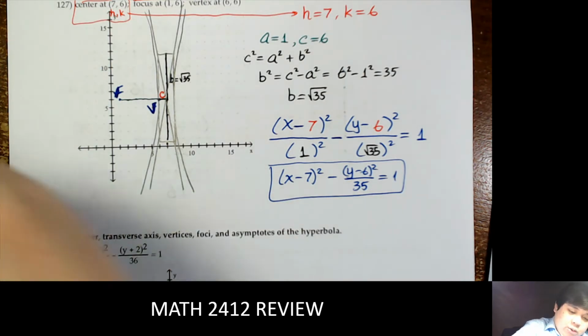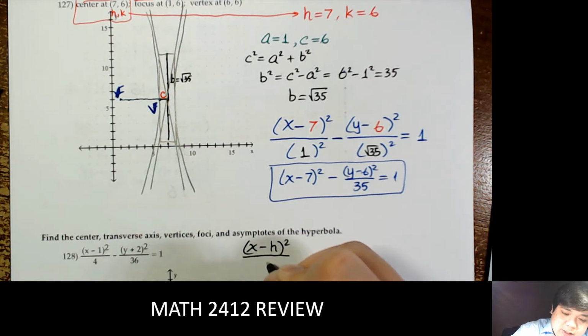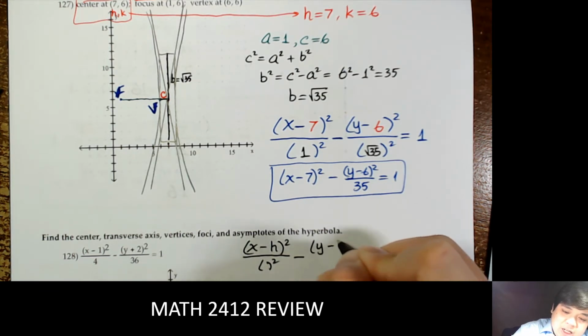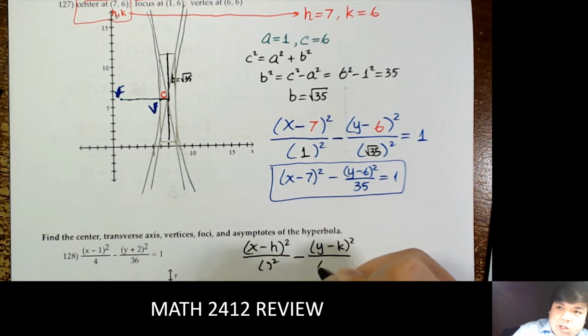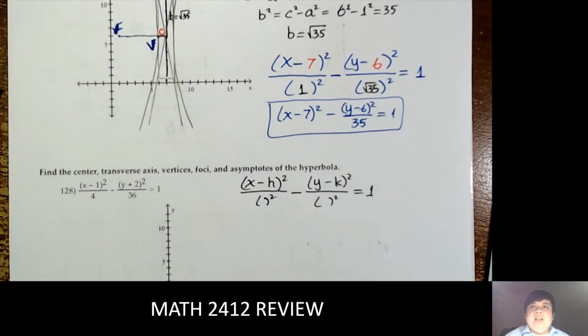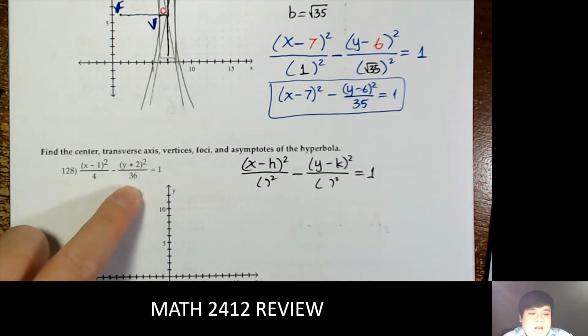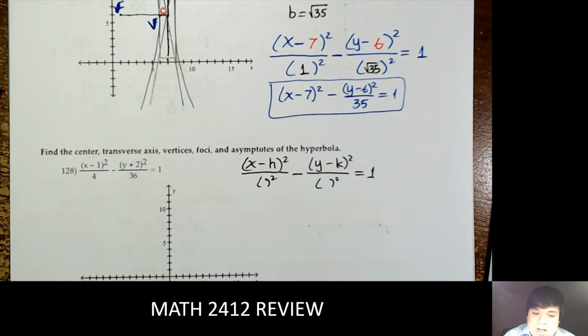So compared to this form, x minus h square over something square minus y minus k square over something square. I'm not going to write a or b because that could be misleading. Actually, this is a, that is b, but again, that's not important.